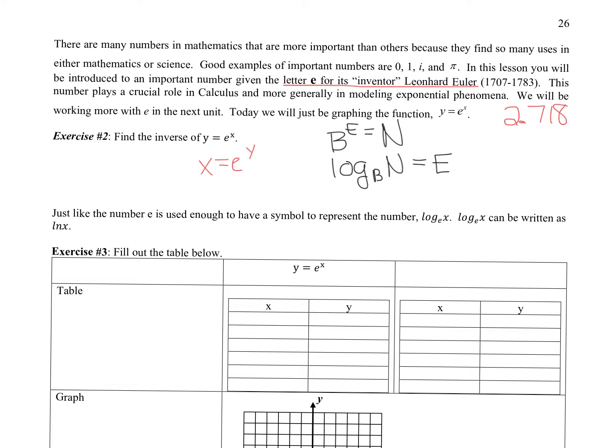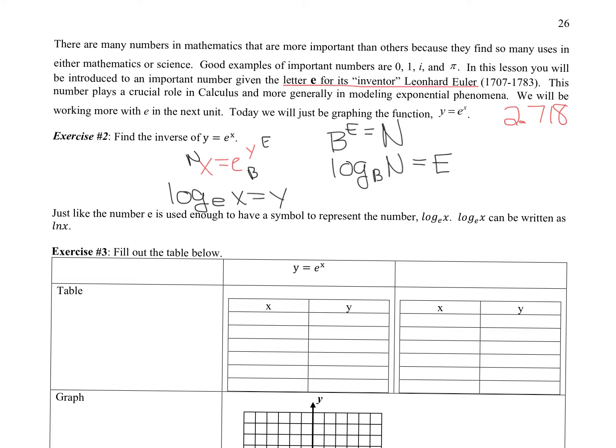Labeling this, it's a little bit in a different order, but this is the base, this is the exponent, this is the number. So when I write this out, I'm going to write log base e of x equals y.